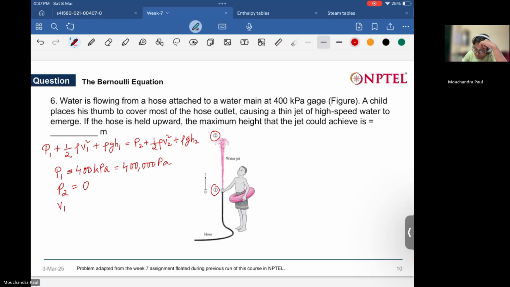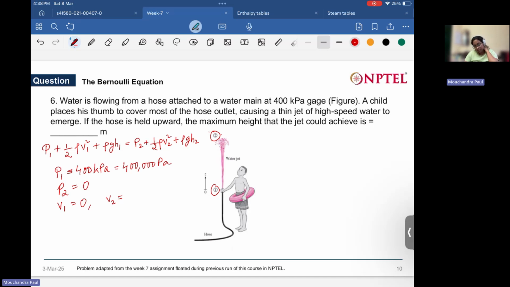V1, which is the velocity of water inside the pipe, let's consider it as 0 because it will be very small. Whereas V2 will be the velocity of water at site 2. Water will be kind of stationary for a few seconds before it starts falling downwards.